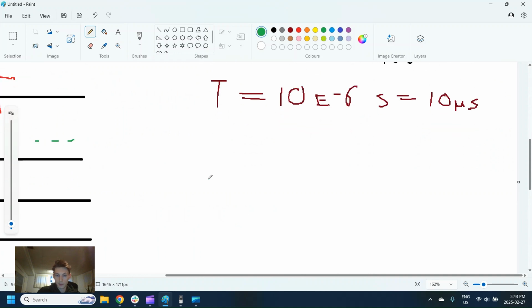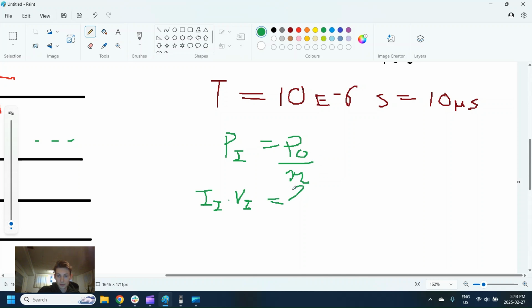We can calculate it over here because we know that our P in is going to be our P out divided by our efficiency. We can reformat this, which is I in times V in. We know our power out and we know our efficiency.